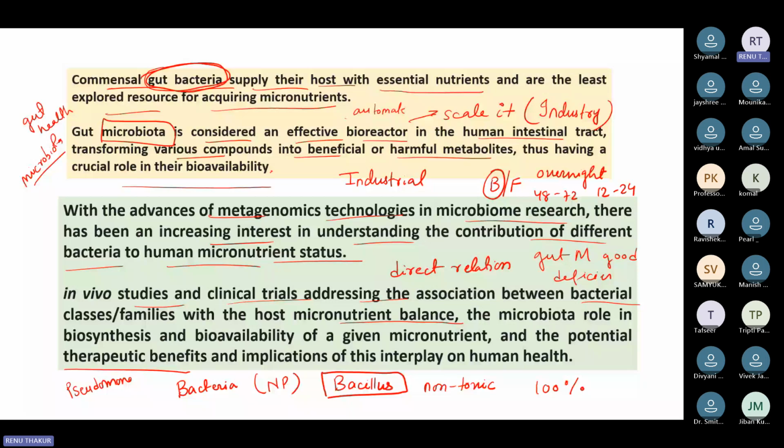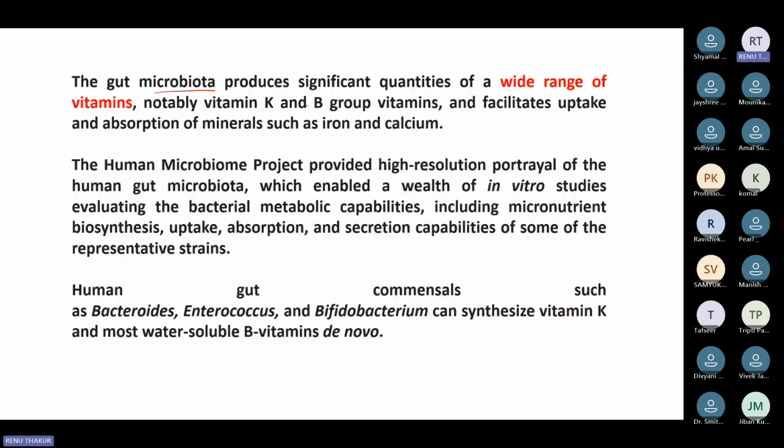There are so many different pharma companies trying their best to make such products available for normal people, because in India also we have so many micronutrient deficiency cases, and people are avoiding it. Even I am too. So the gut microbiota produces significant quantities of a wide range of vitamins, notably vitamin K and B group vitamins.